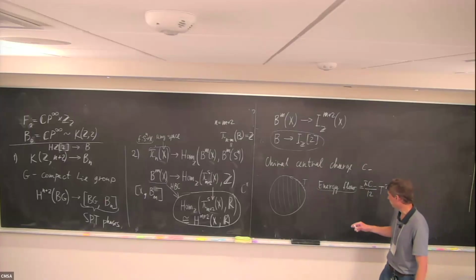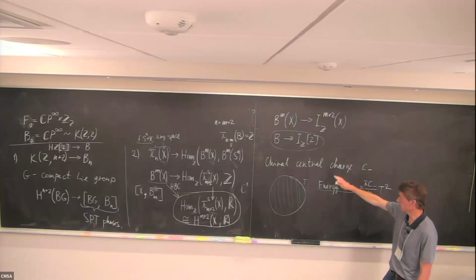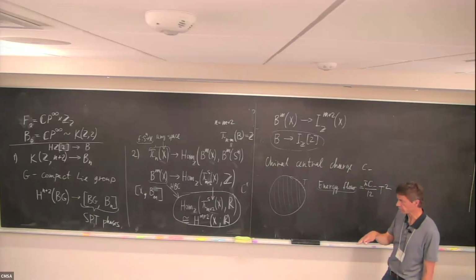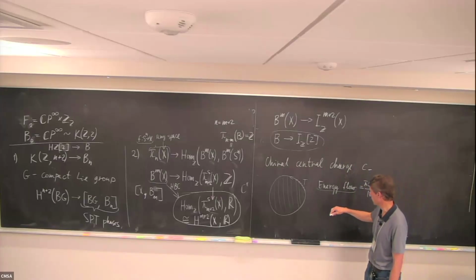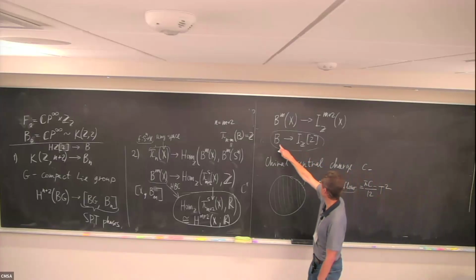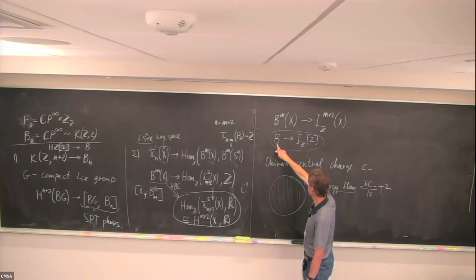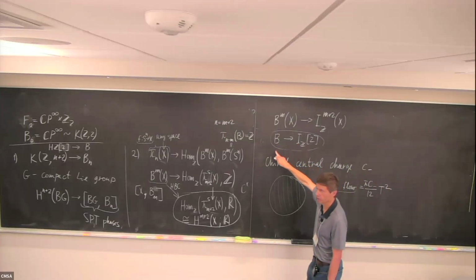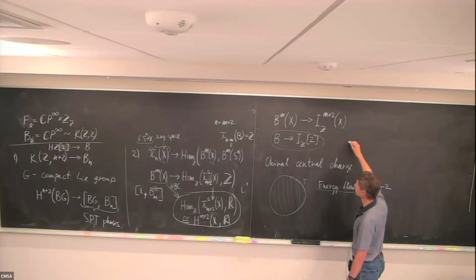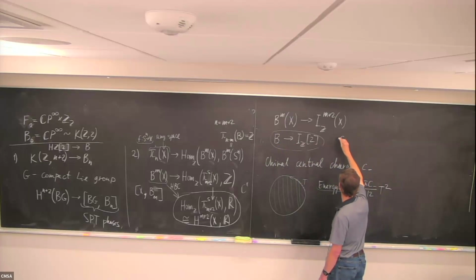And if they exist, then the maps that are shown are one-to-one. This U and V are just isomorphisms. But in general, one can say that if we apply this map to some phase that has a chiral central charge, then it gives two times the chiral central charge.